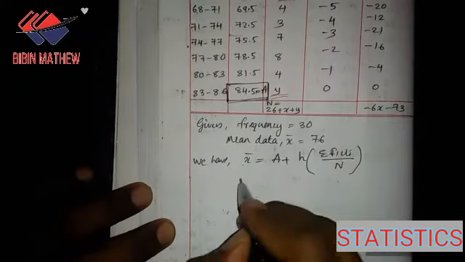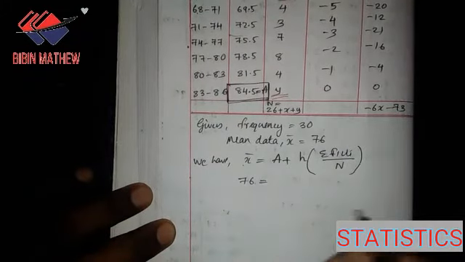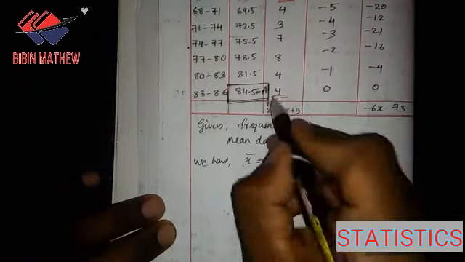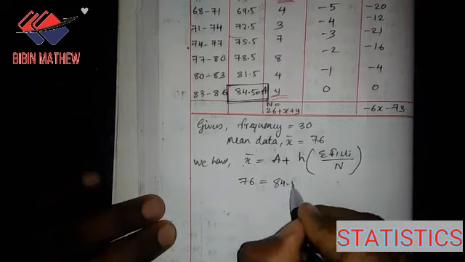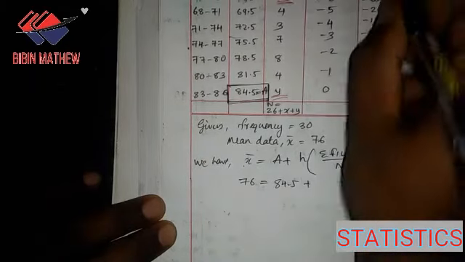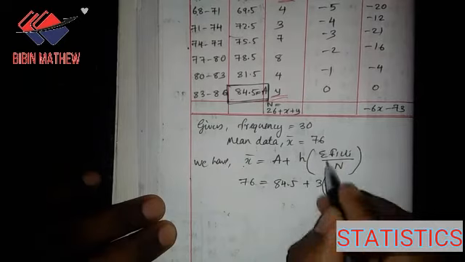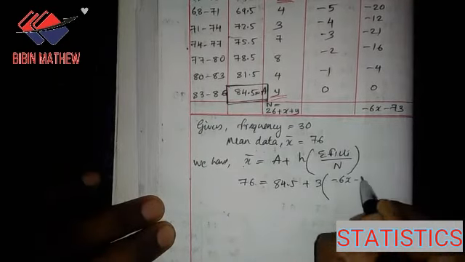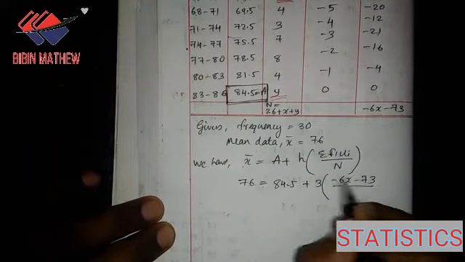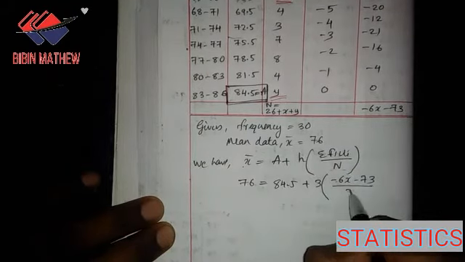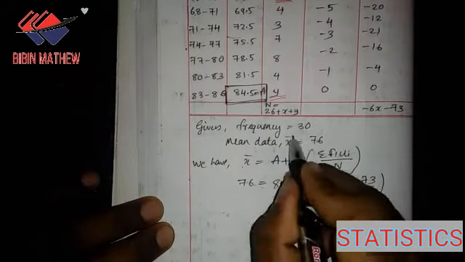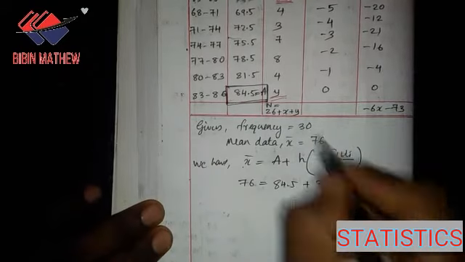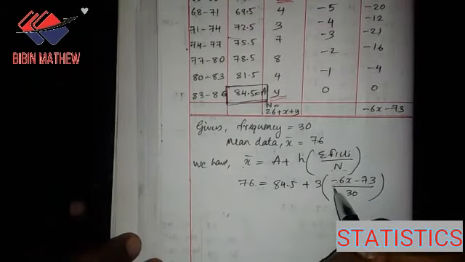X bar is already given, it is 76, is equal to the assumed mean 84.5 plus h, h is your 3, into sigma f_i u_i, here it is minus 6x minus 73, divided by n. N is given here, it is 30. Straightly it is given n is 30, so we are taking that. Otherwise another y would also come inside it. You cannot go ahead.